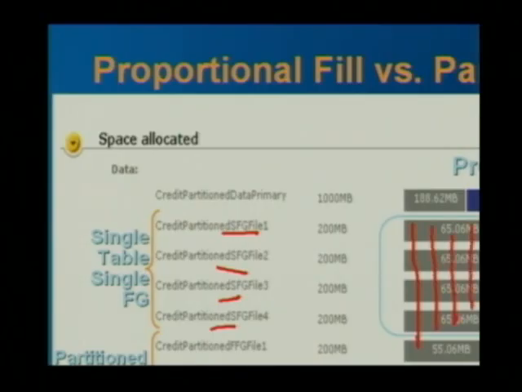In other words, I don't necessarily know where each of those months' worth of data is going. It is being proportionally placed across the files in that file group. If I then have a lot of fragmentation from the current information that's coming in, I have to rebuild this entire table. And that can be expensive, especially in terms of availability if I have to do this offline.